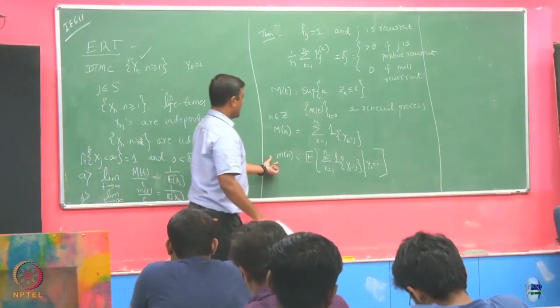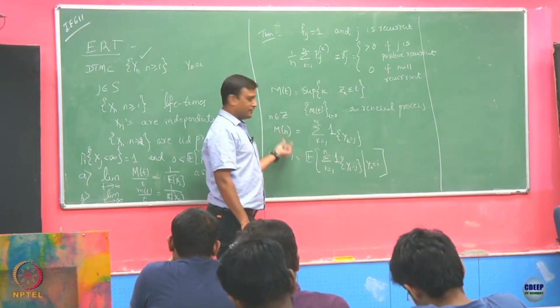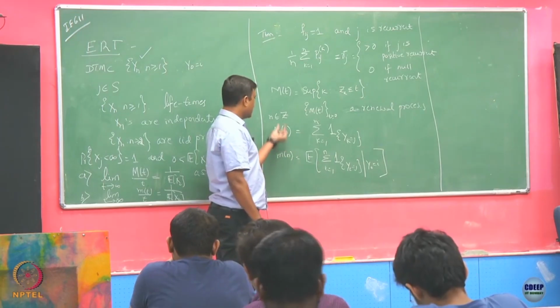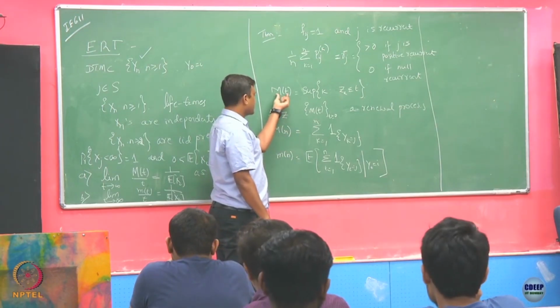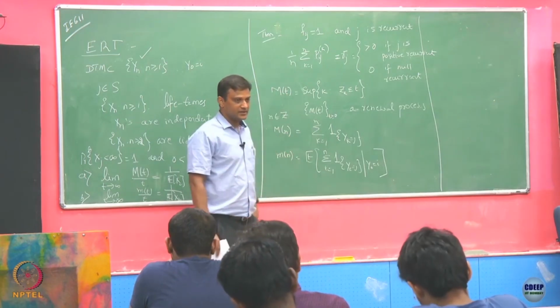So M_n is nothing but the expectation of this m of n. Earlier we defined the small m of t, which was the expectation of m of t, but now I am looking at this function only at integer values. So it is fine, I can define it in a similar fashion.